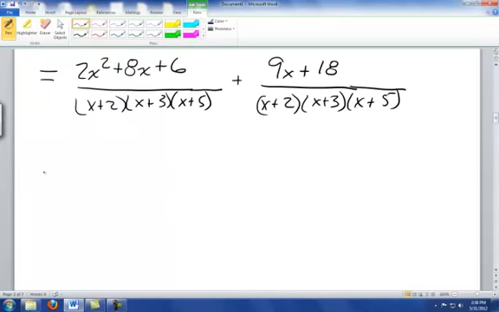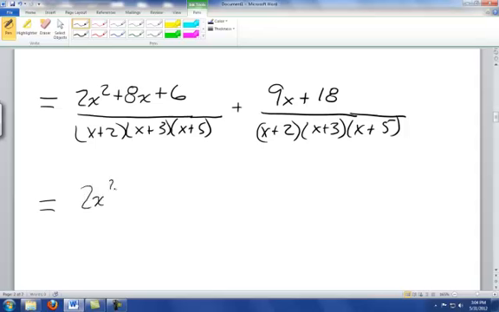Now that we've written both these rational expressions in terms of like denominators, we can simply add their numerators. 2x squared plus 17x plus 24 all over that common denominator.